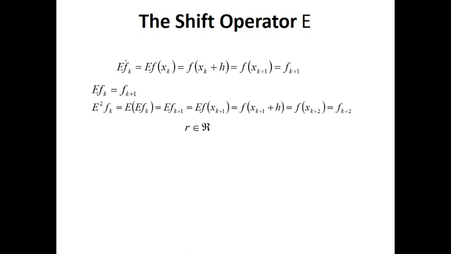The first shift of f of x sub k, the first shift of the functional value, f sub k or f of x sub k is just the same. They are just the same.